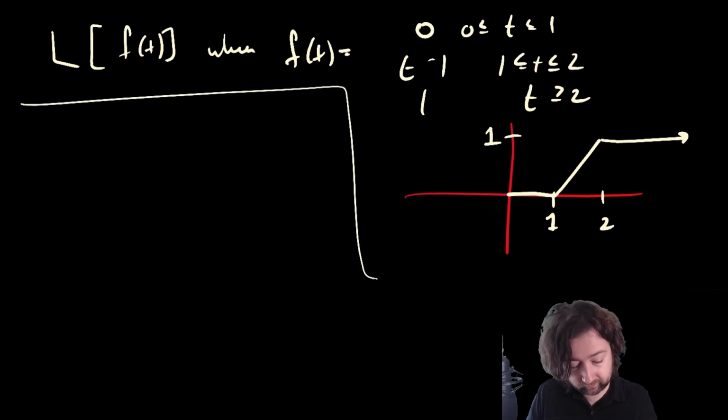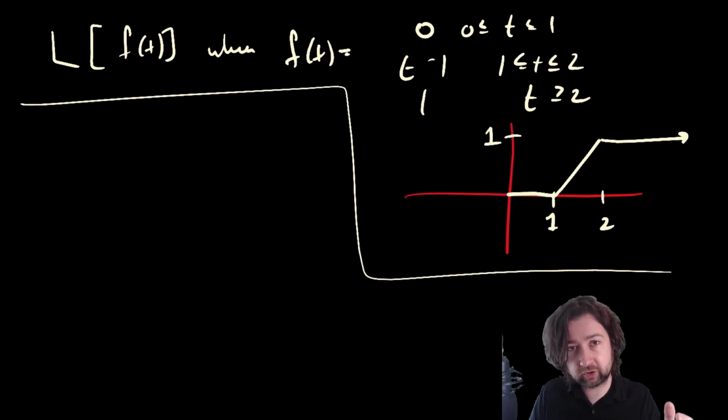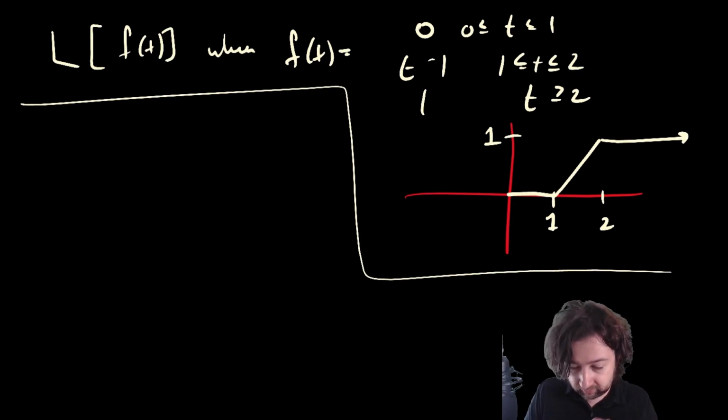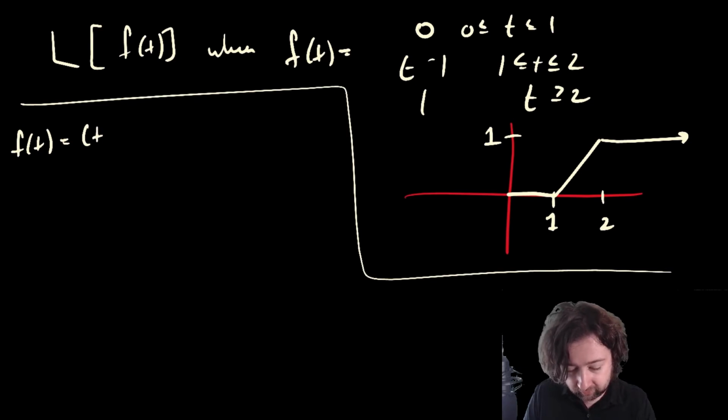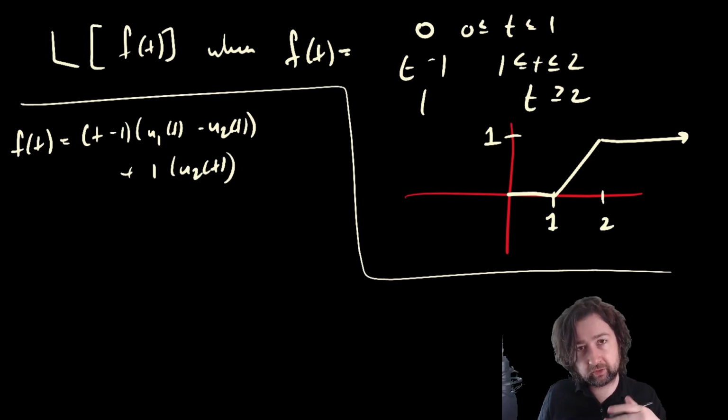All right. So how am I going to compute this Laplace transform? The first thing I need to do is take this piecewise function and write it down as a single formula. So quickly, this formula looks like f of t is equal to t minus 1 times (u1 of t minus u2 of t) plus 1 times u2 of t, where those switches are turning the function on and off.